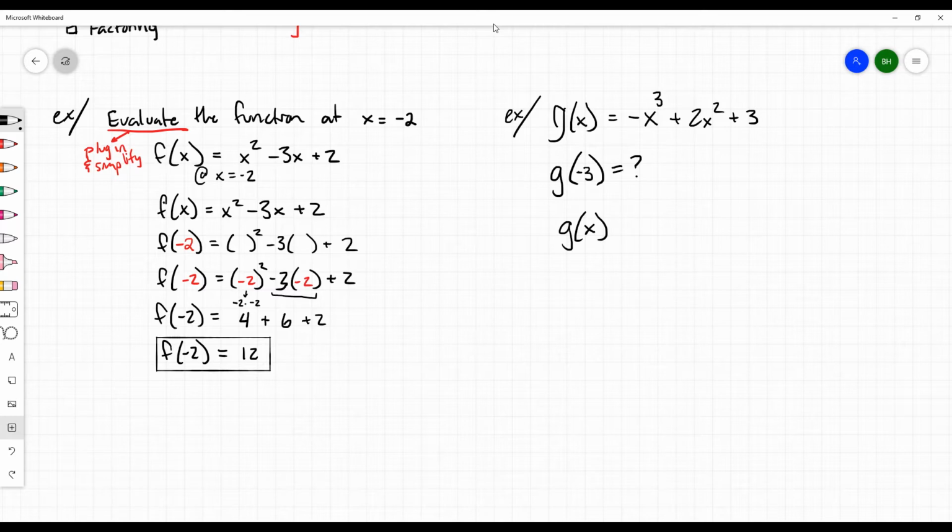So we get g of x equals -x to the third power plus 2x squared plus 3. And then everywhere where we see x, we're actually going to be plugging in -3. And so notice what I did right there. You may have overlooked it already. But here, this set of parentheses right there does not have the set of parentheses already.